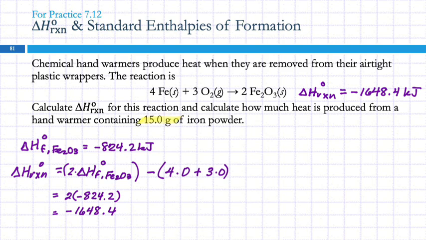Now they're saying you've got 15 grams of iron powder, and how much heat is produced? We have a chemical reaction. We have an amount of substance here. So we've got 15 grams of that, and we want to know how much heat is given off. So think about grams to moles to moles to grams. Are we starting with a mass?